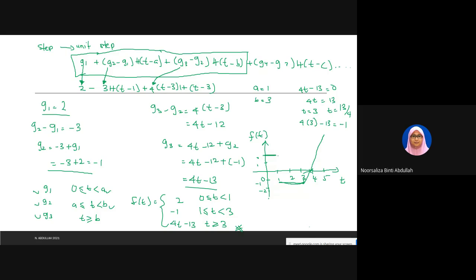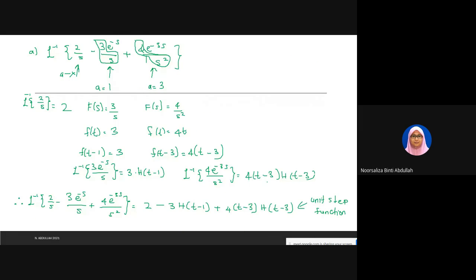Dia tak sambung. Oh, okey. Okay, dia tak sambung, jangan sambungkan tau. Okay. Ada soalan lagi? Okey. Sebelum saya move to next. Contoh? Tak ada? Okay. You all ni bangsa tak banyak soalan.